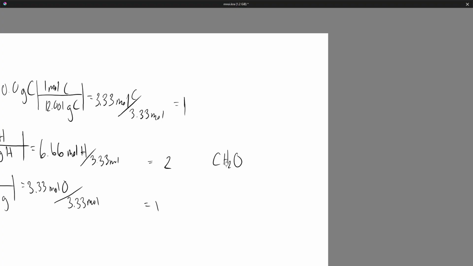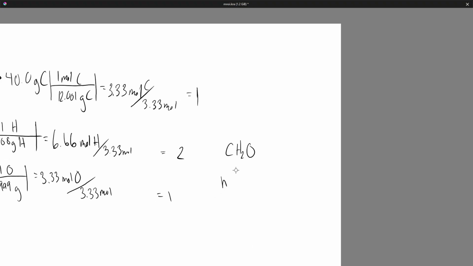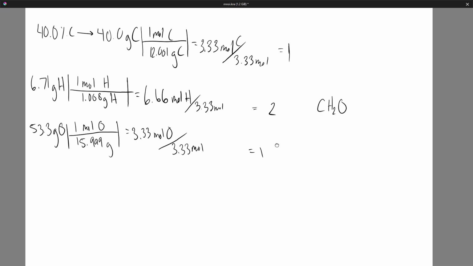Okay, now this is the part where you would normally have the mass of the molecular formula to find your whole number multiple of n. But since we're not given that, we gotta work our way around that restriction.